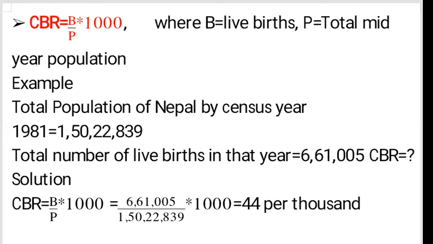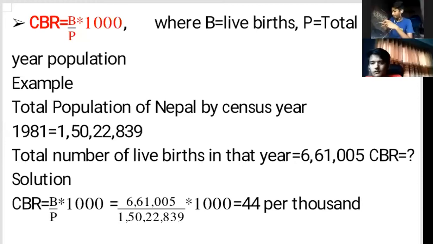Like for example, total population of Nepal by census year 2000, 1180, and according to the latest population census 2011-80, around 2 crore population, right? So total number of births in that year, suppose 10 lakh.